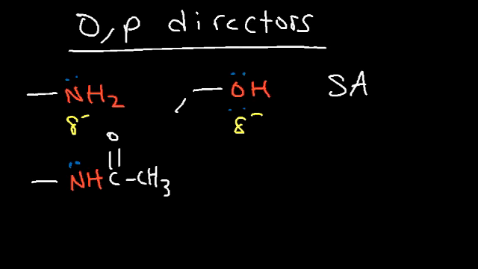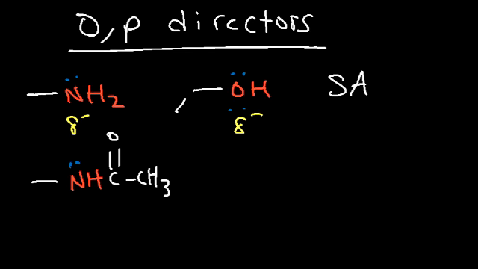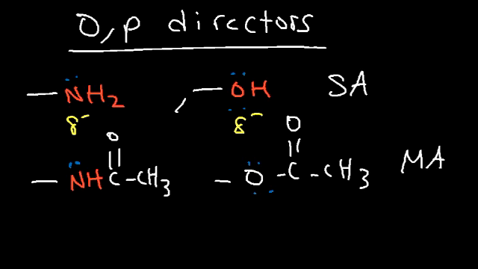It's a moderate activator, but it's weaker than these two because they're strongly activating. A group that is strongly activating makes the ring more reactive towards EAS reactions. So this one too is also a moderately activating group. So I'm going to write MA for moderately activating.